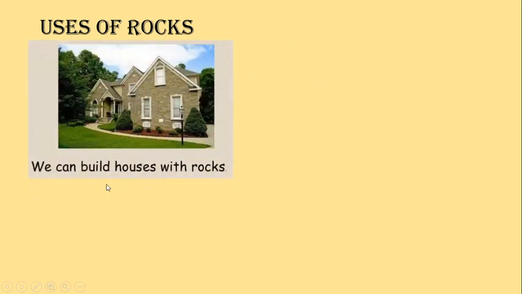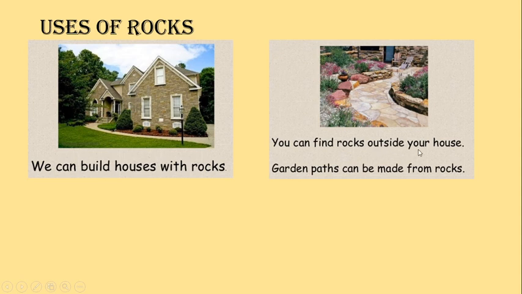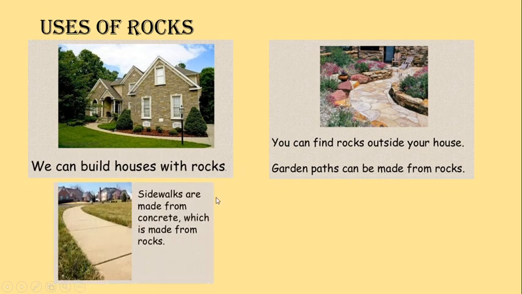First, we can build houses with rocks. And then we can also find rocks outside our house. For example, the garden can be made by rocks. Jadi bisa juga membuat taman dengan menggunakan batu. Next, sidewalks are made from concrete which is made from rocks.